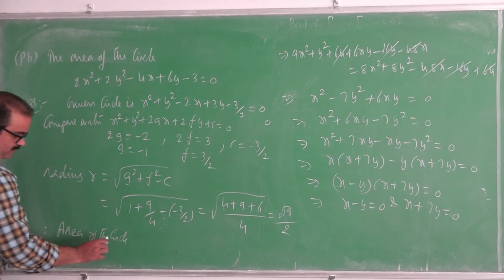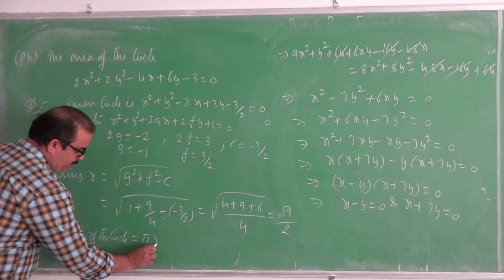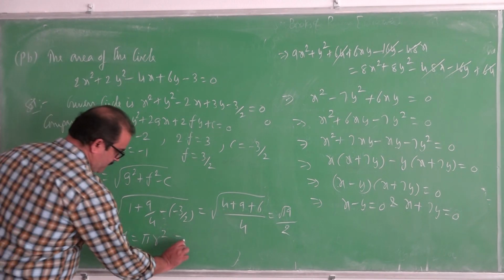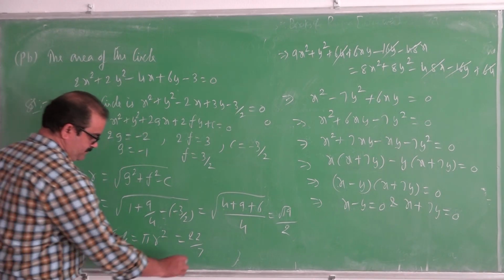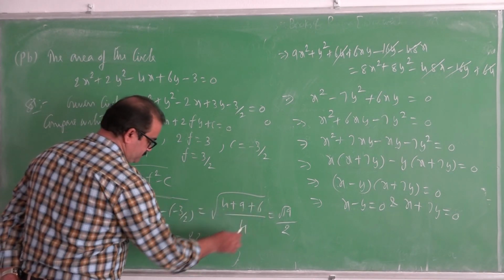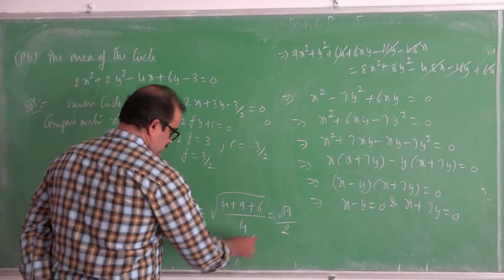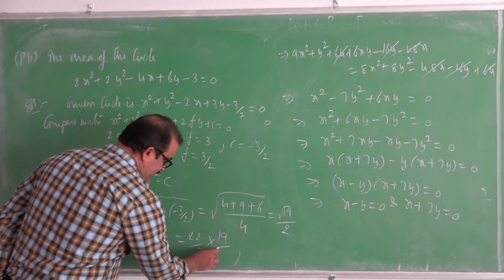What is the formula to find the area of the circle? Pi into r square. What is the value of pi? 22 by 7 into r square, root 19 square, 19 by 4.